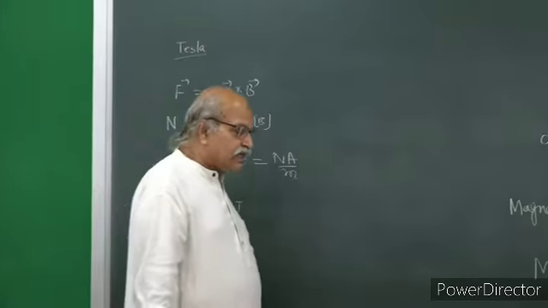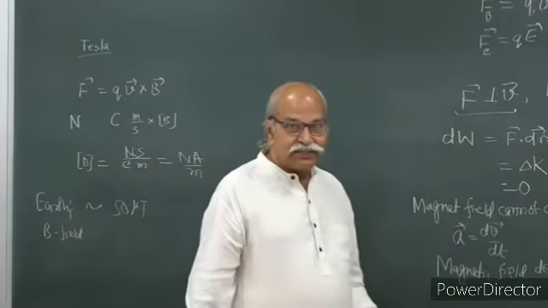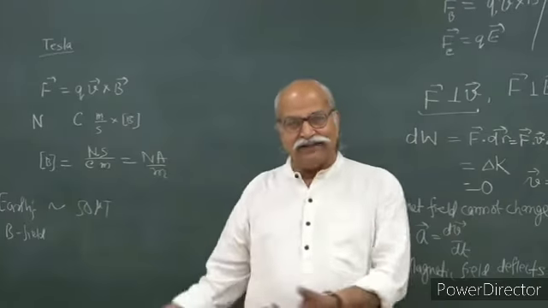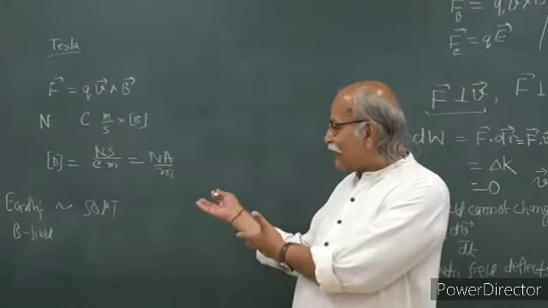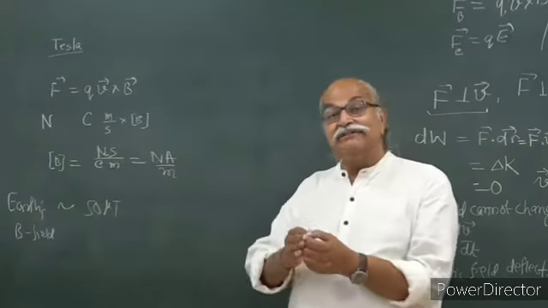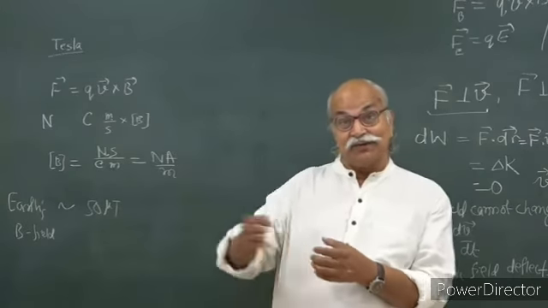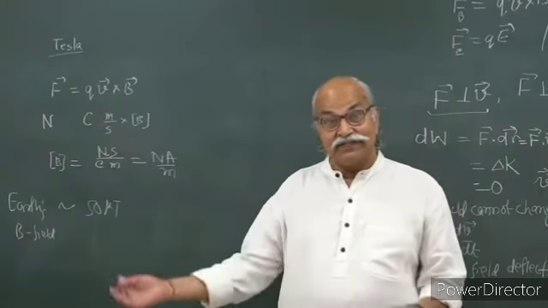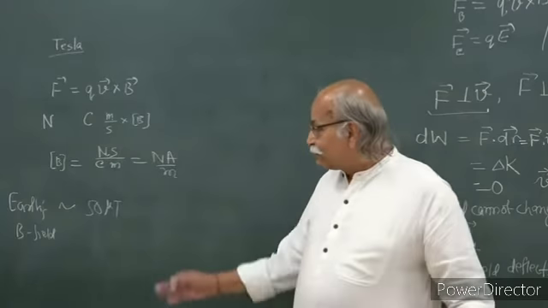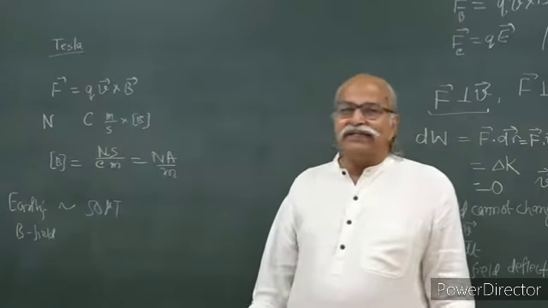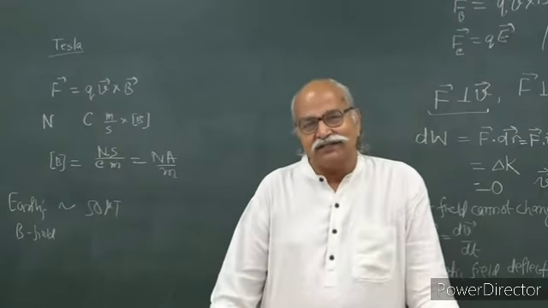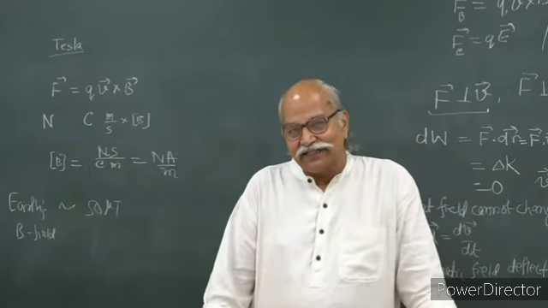The magnets which are generally used in school laboratories also have a similar kind of magnetic field in front of their poles. As you go away, of course, it falls very quickly. So, Tesla is not very large.